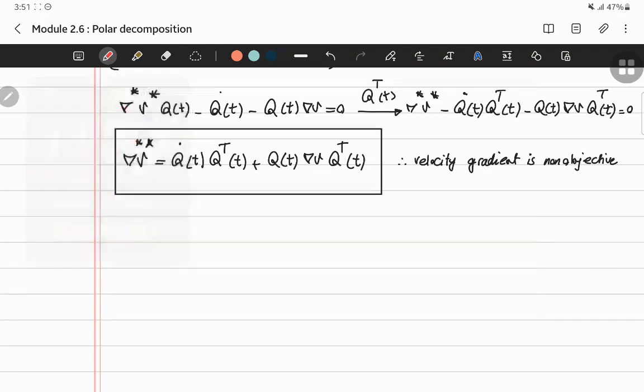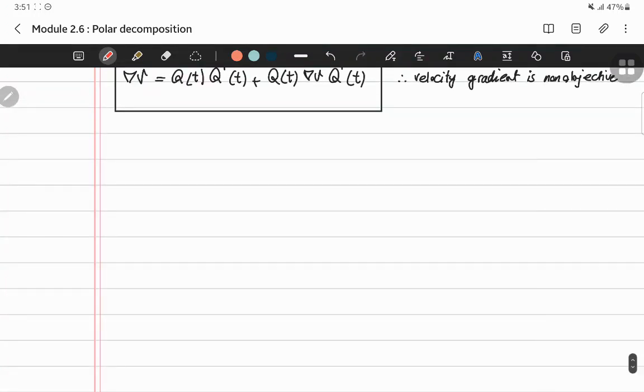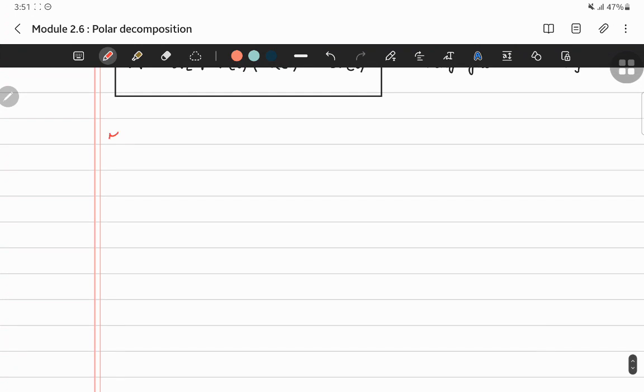All right. The next example, which gets us much closer to understanding whether B or C is objective, is example 5.6.3.